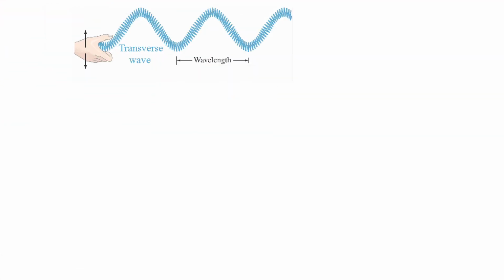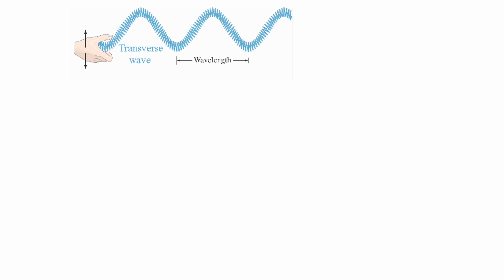This final diagram shows how you would produce a longitudinal wave and a transverse wave using a slinky spring. To produce a transverse wave, you would lay the slinky on the floor, so we're viewing this from above. Grab one end of the spring and oscillate your hand from left to right as shown.